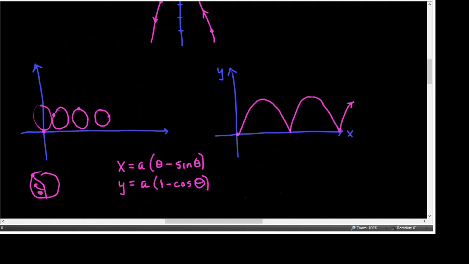Okay. So theta is how far you've gone along that. And we're going to assume that the circle has a radius of A. So this radius is A. And that's where the A comes in, is the radius of the circle is A.